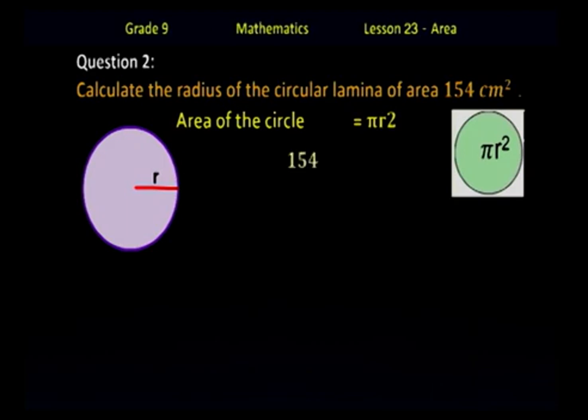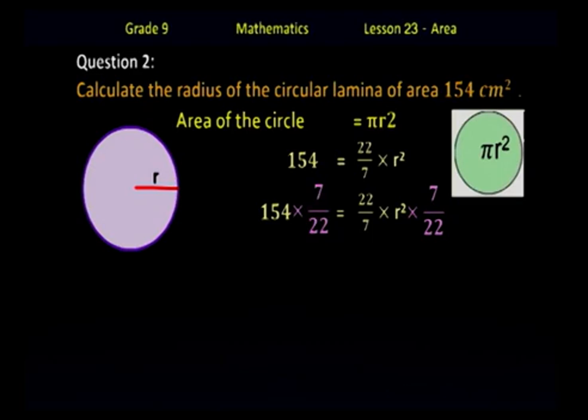Substitute the given values: 154 is equal to 22 upon 7 into r squared. Then we should remove the fraction 22 upon 7. To find r squared, both sides can be multiplied by 7 upon 22. To remove a fraction, we can multiply using the reciprocal. So both sides are multiplied by 7 upon 22.